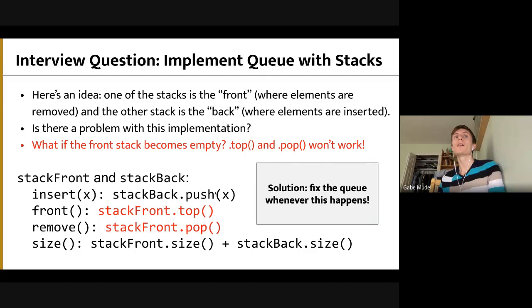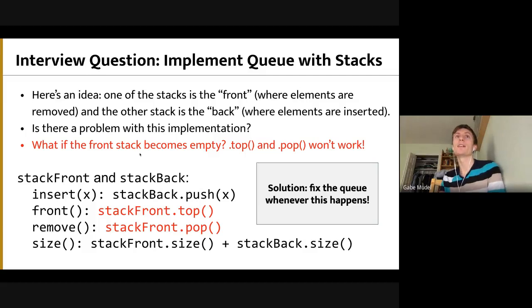But the back of the queue is where we insert, and we pop from the front of the queue. The way we have access to both the front and the back of our queue is by having one stack represent each part of the queue, so to speak.